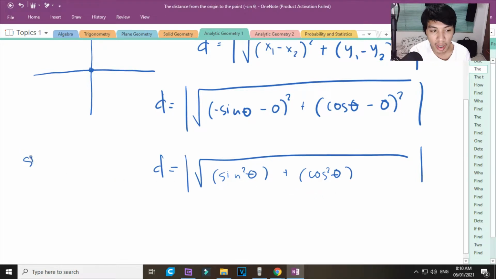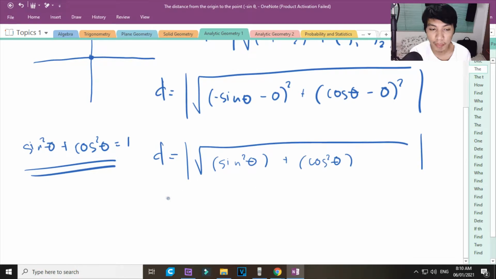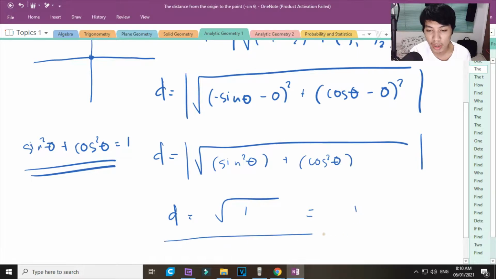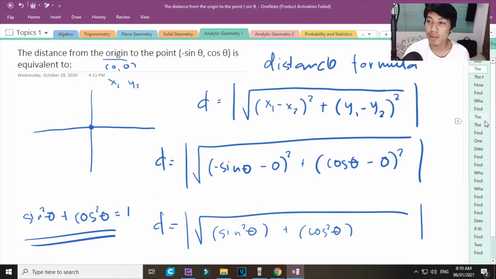Sine squared theta plus cosine squared theta is equal to 1. So now, D is equal to the square root of 1, and the square root of 1 is still 1. So the distance from the origin to the point that is given is 1 unit. Okay? That is for problem number 1.